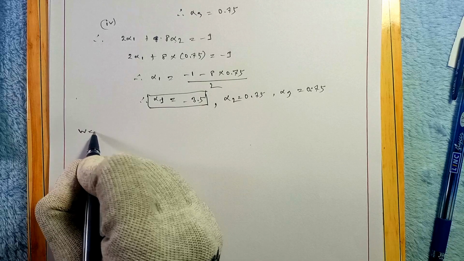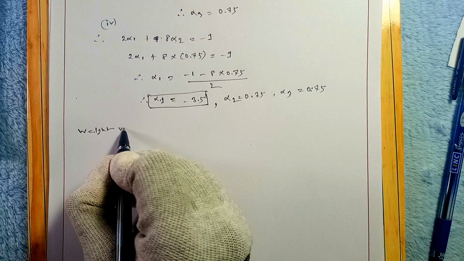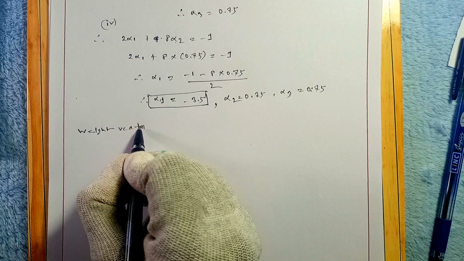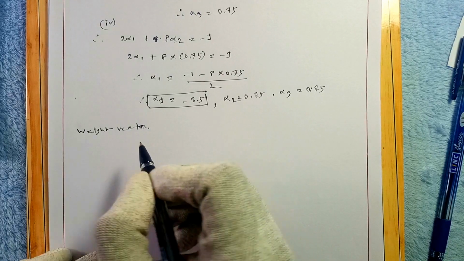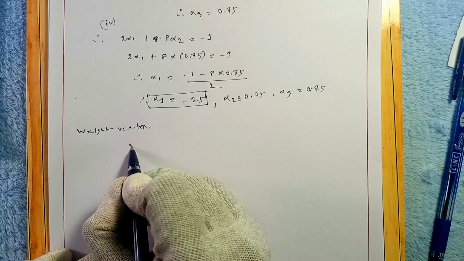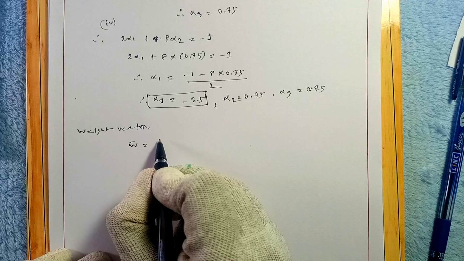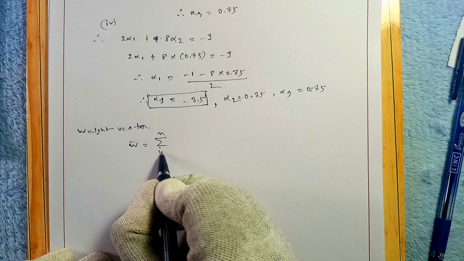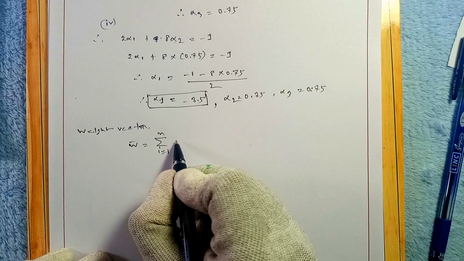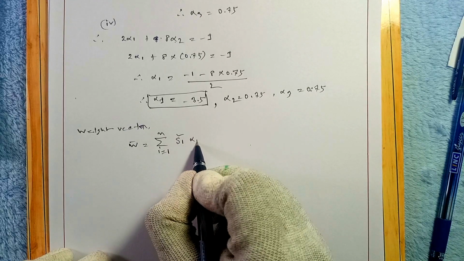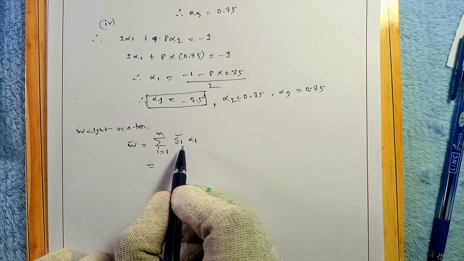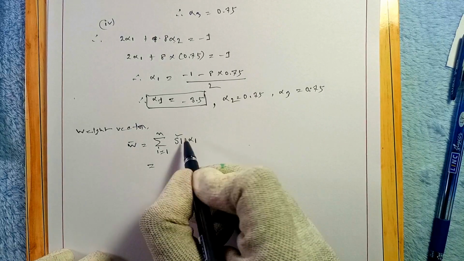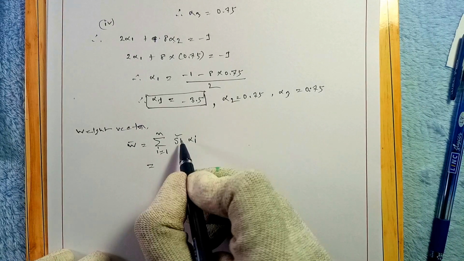The formula is w bar equal to summation over i of S i alpha i.